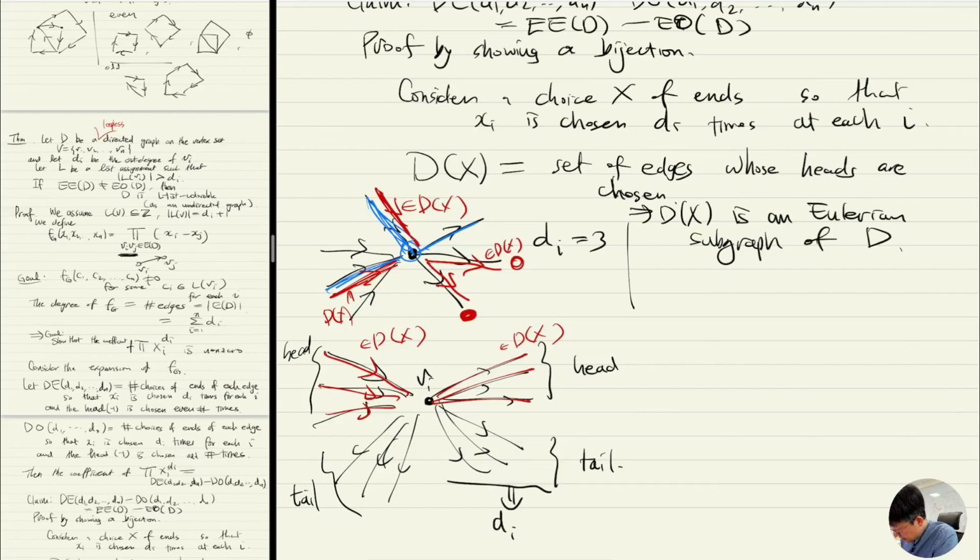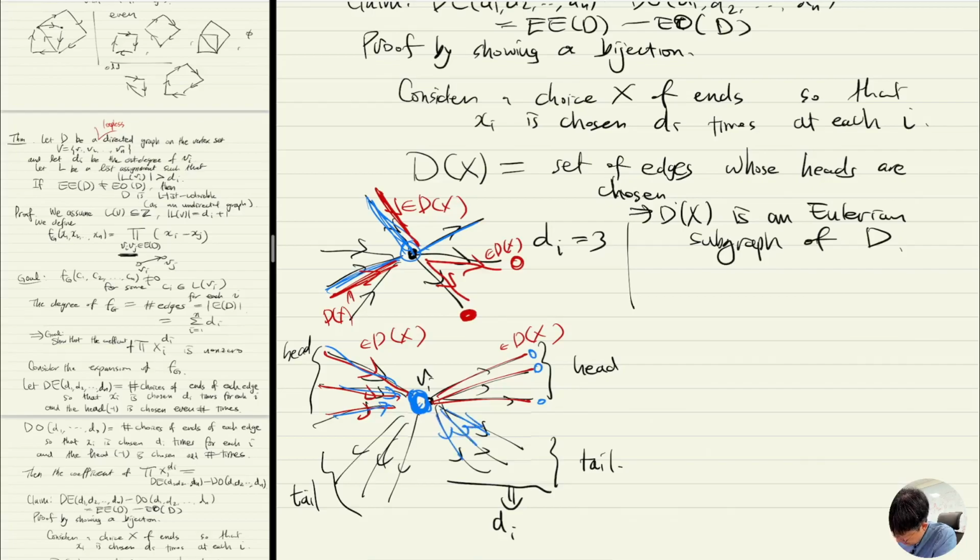But the thing is, x is chosen, so this vertex is chosen, and those edges, these vertices are chosen. So the number of times you choose v1 is this, right?